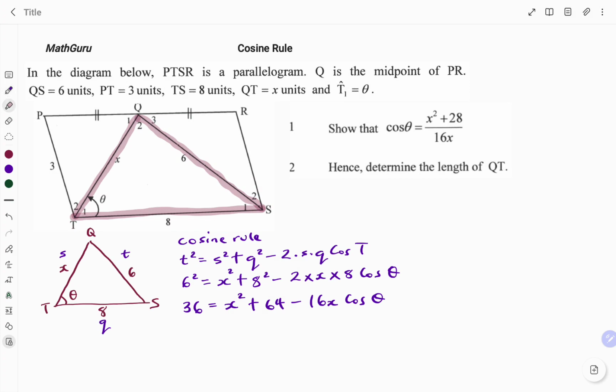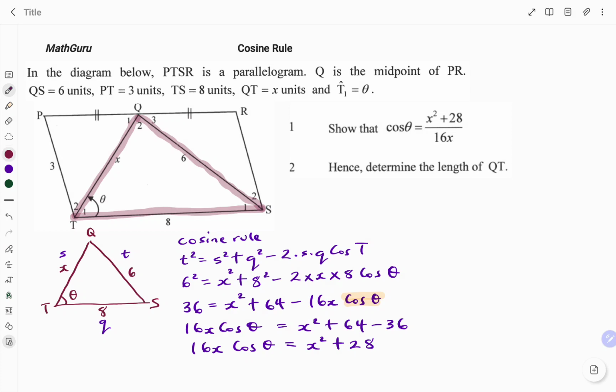The next step is to make cos theta the subject of formula. So I'll start by moving my 16x cos theta to the left hand side, which makes it positive. So I have 16x cos theta equals, then I move my 36 to the right hand side, x squared plus 64 minus 36. Then I have 16x cos theta equals x squared plus 28, that's 64 minus 36.